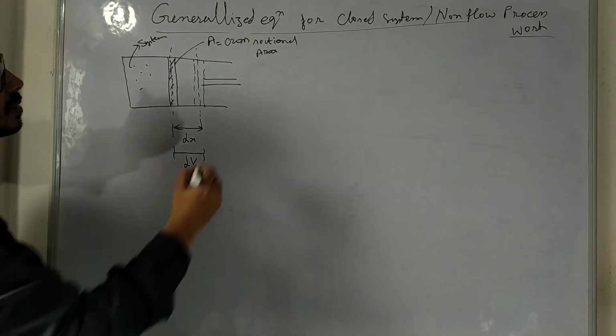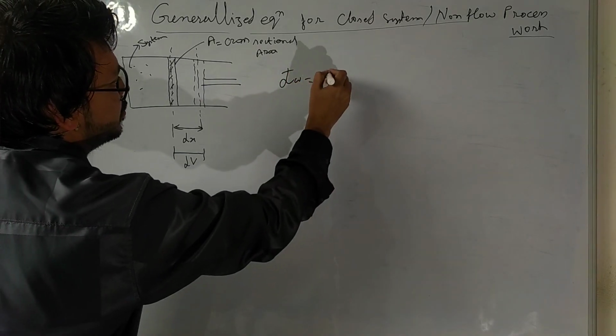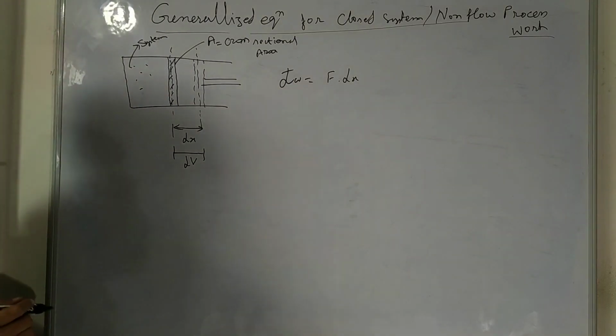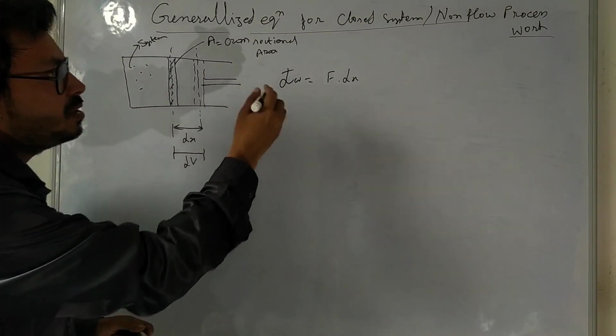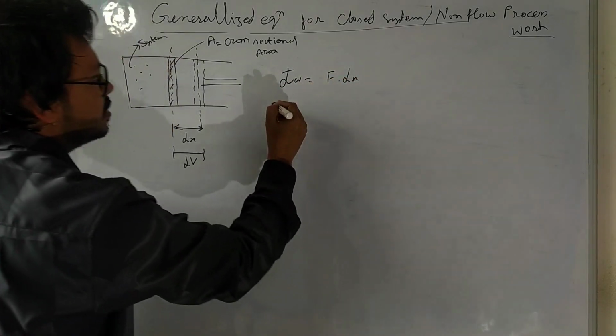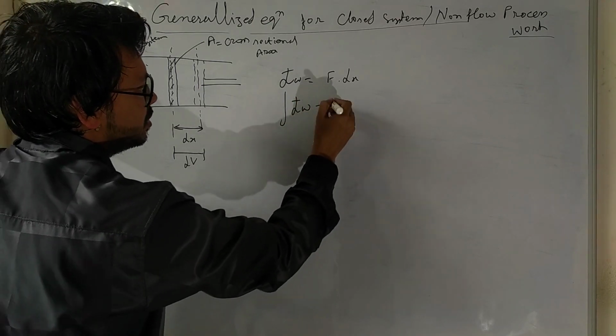Now the differential work we can write here, dW, as force into displacement. We know that work is equal to force into displacement, so we can write dW as F into dx, and if we integrate this, we will get the total work.